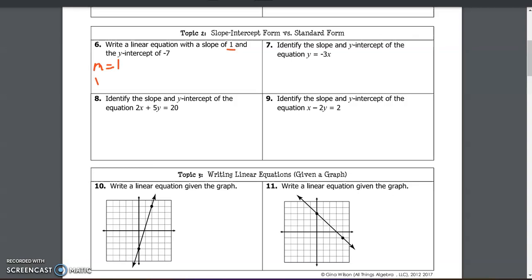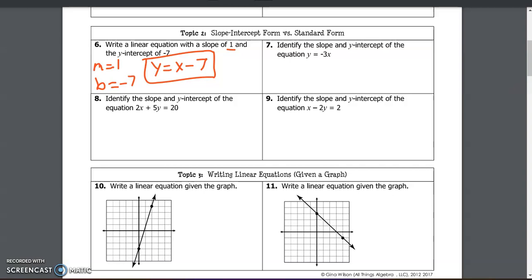And again, sorry, this doesn't write very well. My b is -7. So that's y equals, technically this would be 1x, so I'm just going to put x. You don't put the 1 in front of it. And it would be plus b. Well, in this case, b is -7, so I'm just going to put -7. That would be your answer. y equals x minus 7.